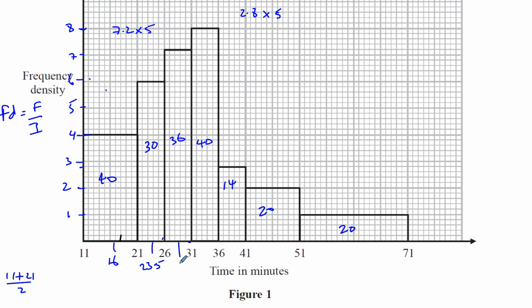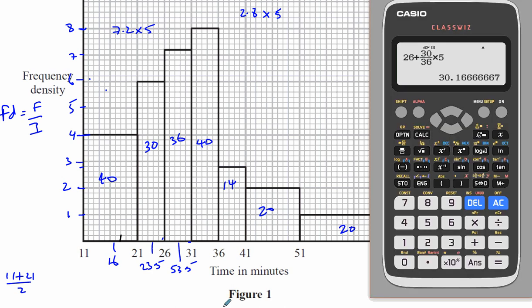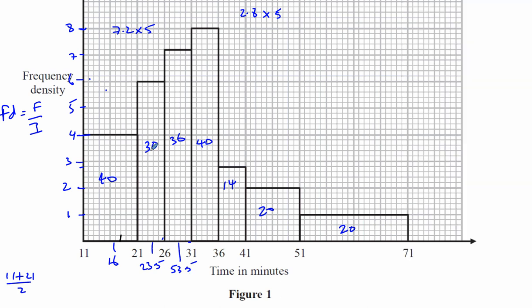And here we've got 26 to 31, which is 57, so 57 over 2 is 28.5. Sorry, how can it be 53.5? That's silly me. It's halfway between these two, 28.5.